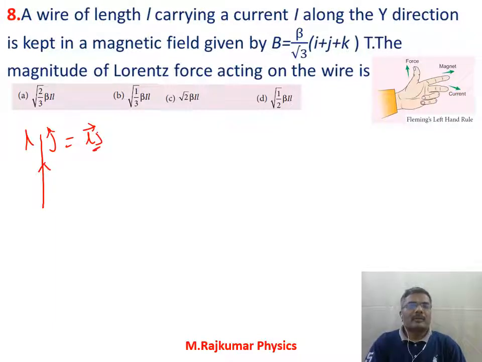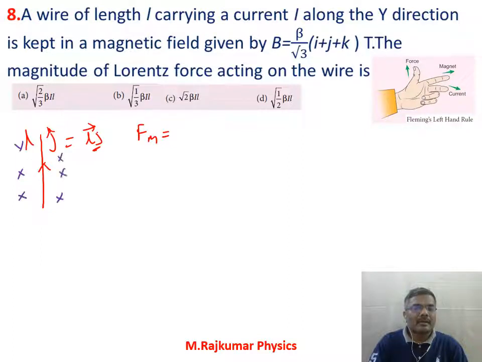So as per the Lorentz force formula, the force acting on the wire which is kept in the magnetic field. This wire is inside the magnetic field, so the magnetic field will be into this page, perpendicular to this wire or some position.